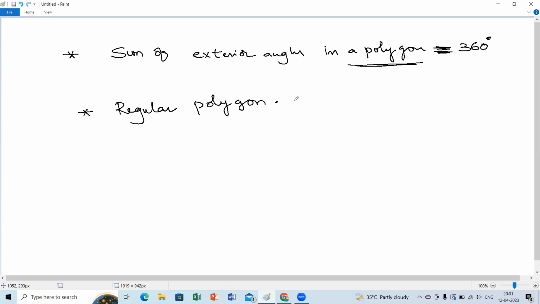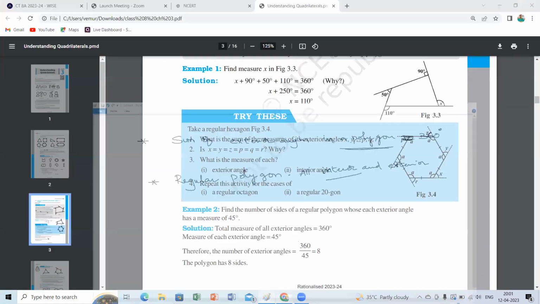In a regular polygon, all interior angles are the same as well as all exterior angles. Coming to here, each exterior angle is 45 degrees.